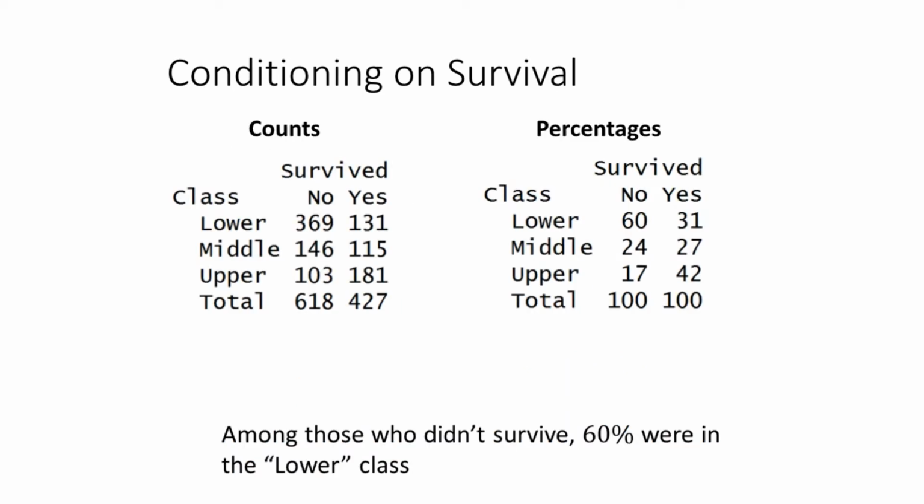Now, it's useful to look at particular cells and understand how to interpret them. For this cell, we divide 369 by 618. 369 is the number of observations for those in the lower class who did not survive, and 618 is the total number of those who did not survive.